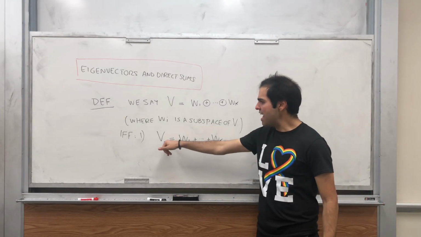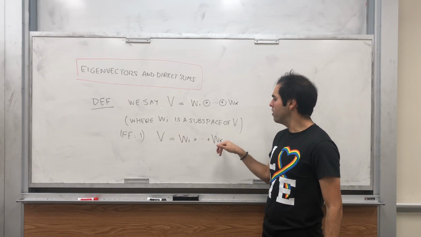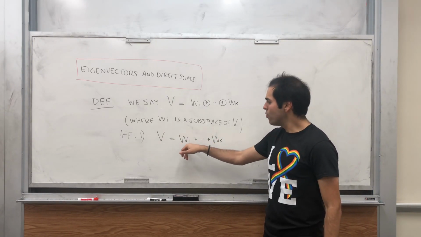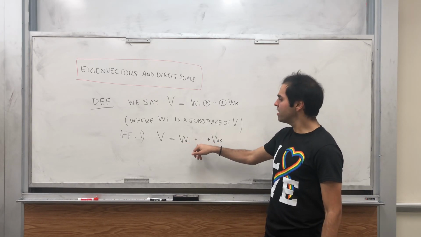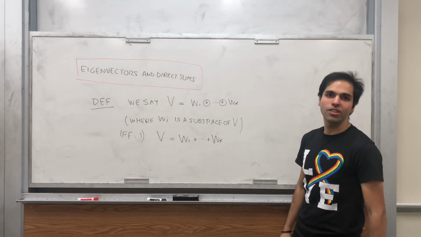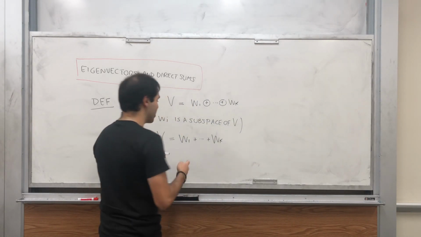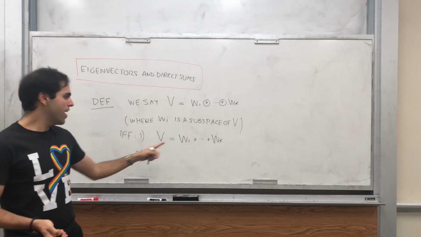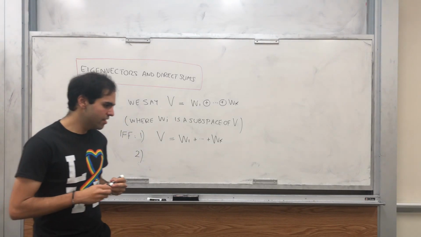It means that any element in V can be written as the sum of k elements, where the first element is in W1, the second one in W2, etc., and the last one in Wk. So it's kind of an analog of spanning, except you're just using sums, not linear combinations.